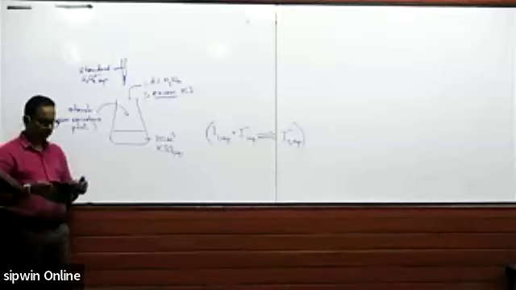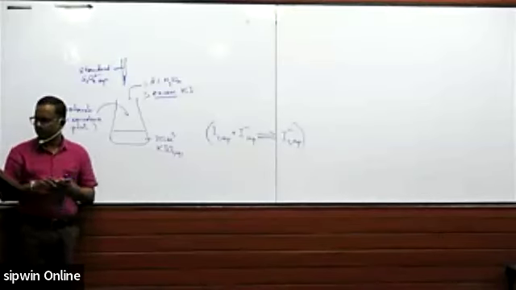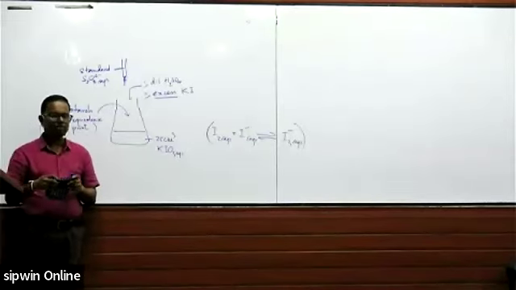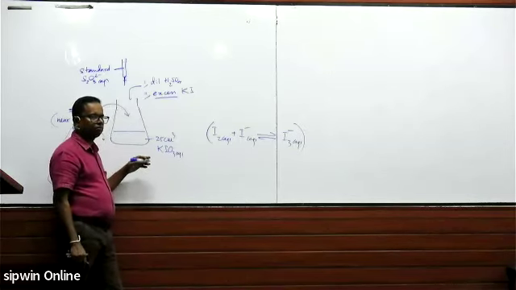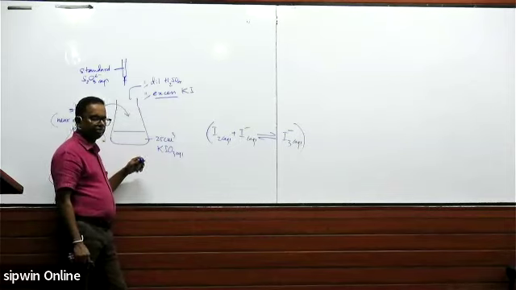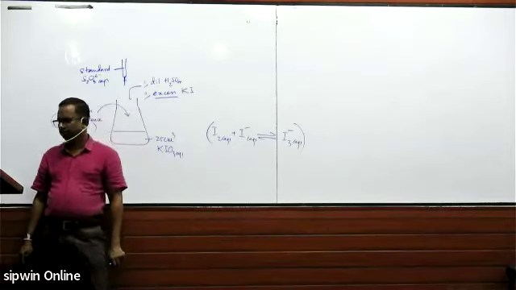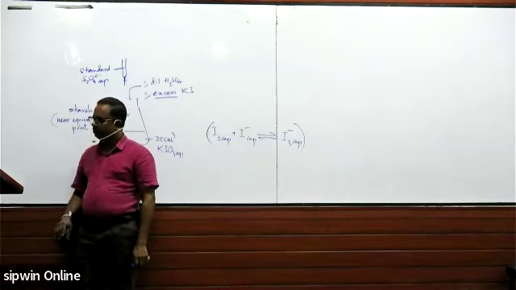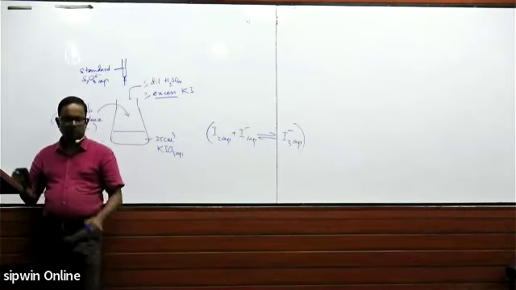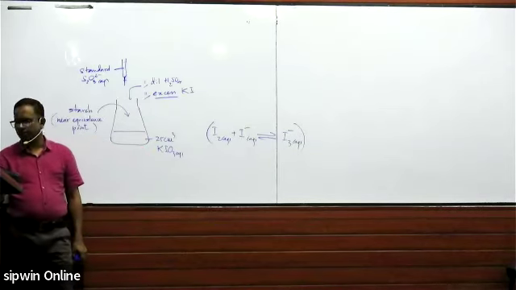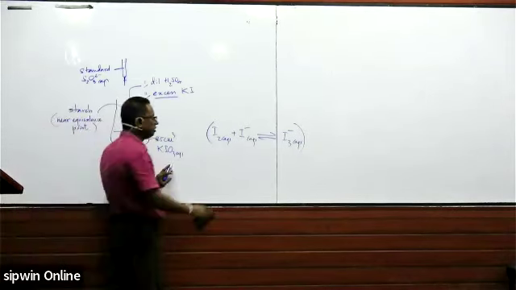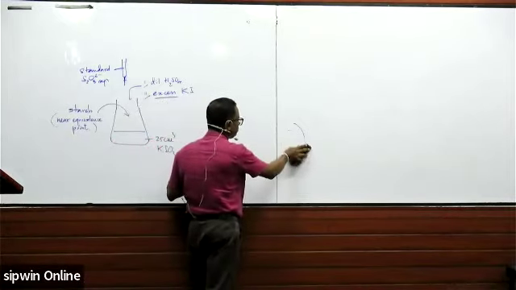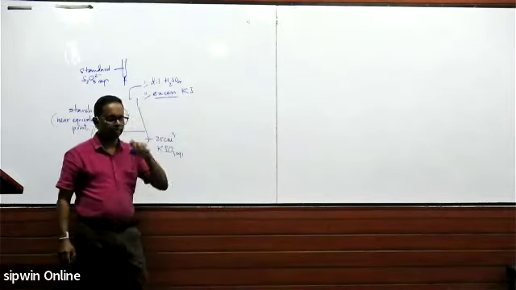Then write the next point. When the oxidizing agent is an oxoanion, underline oxoanion, it is essential to use an acidified medium.